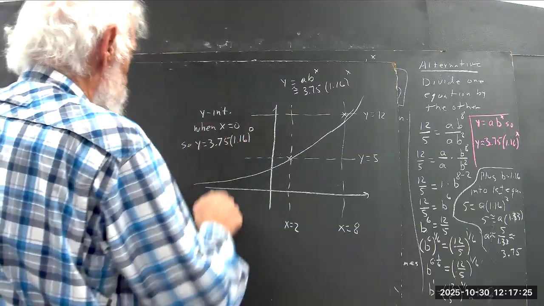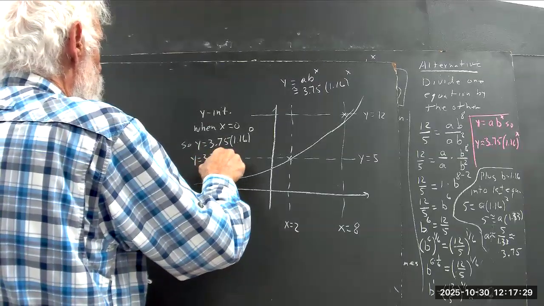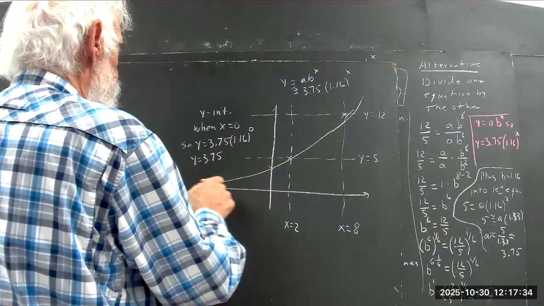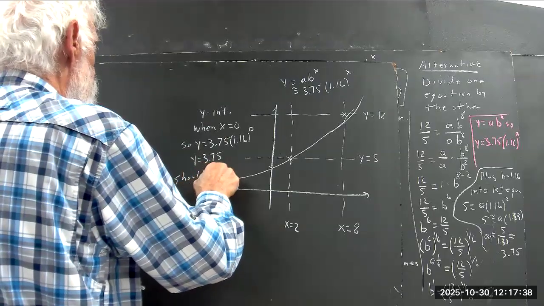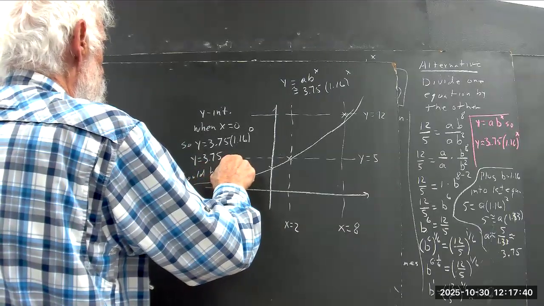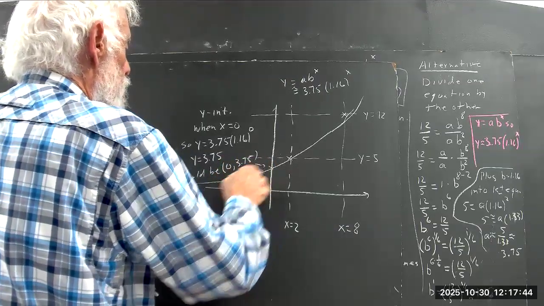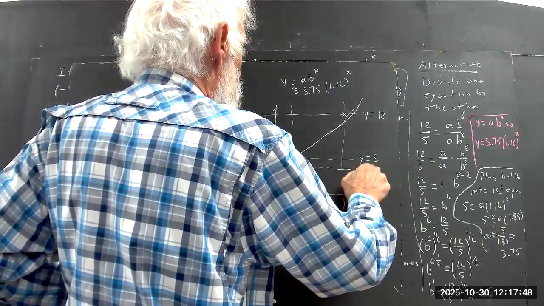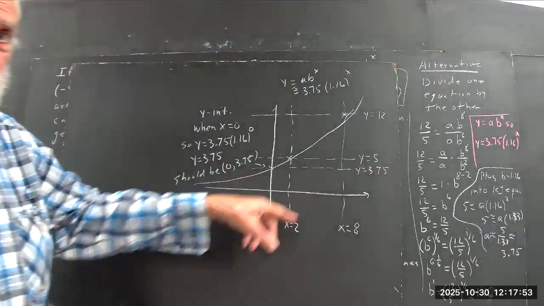And 1.16 to the 0 is just 1, so y is 3.75. So this point ought to be 0, 3.75. And that kind of makes sense.